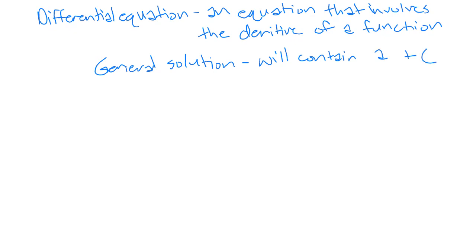Essentially, the general solution is similar to what we did with general antiderivatives. We don't know exactly what point we're looking at, so we're essentially saying it's this function, but we don't know how far up it shifted. So we just say plus c to show that we don't fully know. There's a little something that could change.